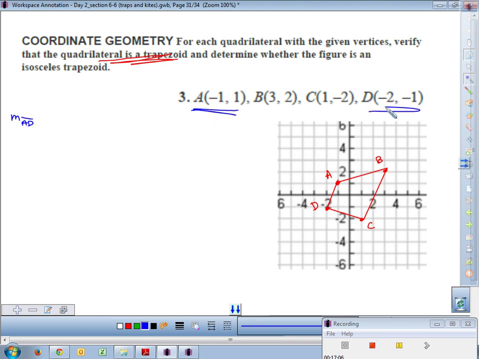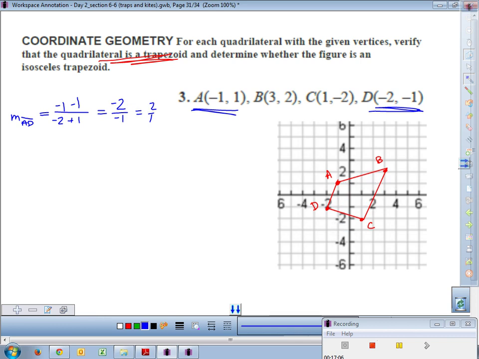Here's A, here's D, and that's going to be y2 minus y1 over x2 minus x1. So minus a minus. This is where our signs really get picky, which is 2 over 1. So the slope of segment AD was 2 over 1.